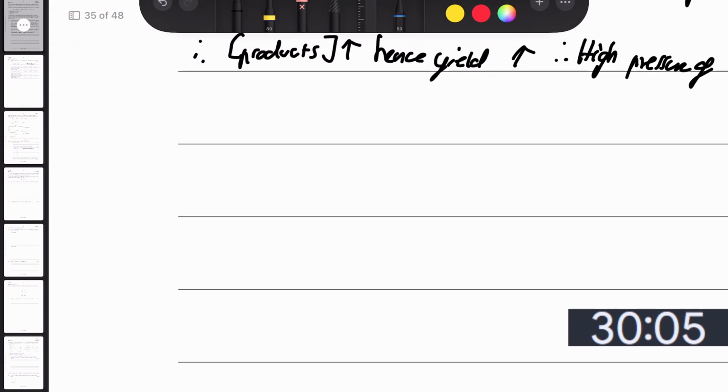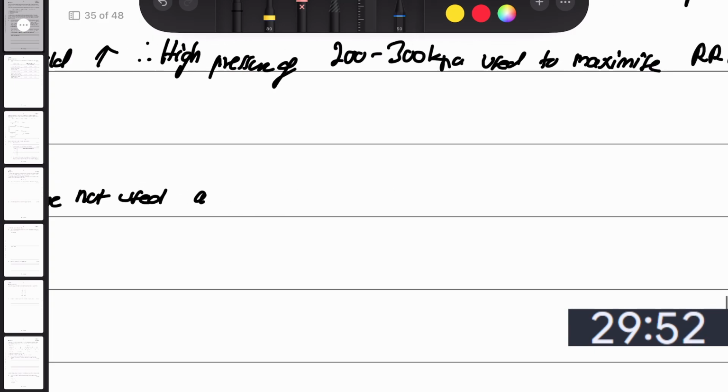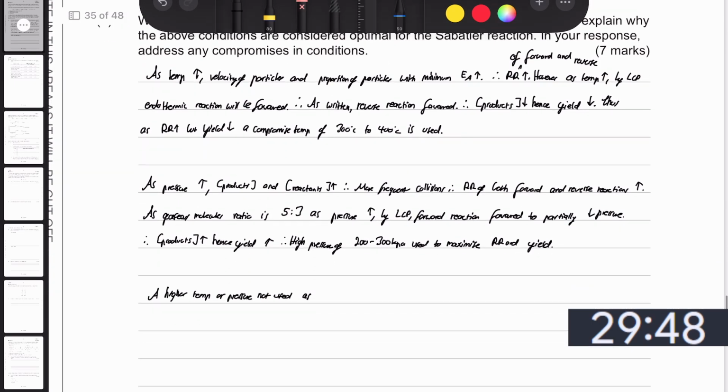Higher pressure not used, as it is more hazardous.